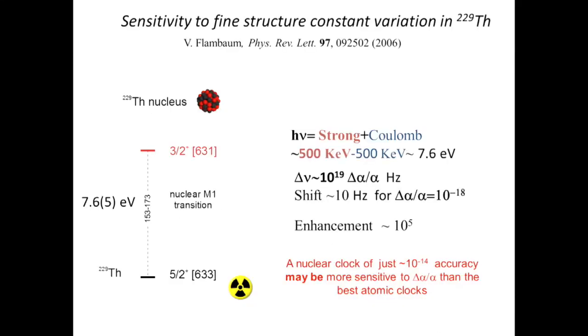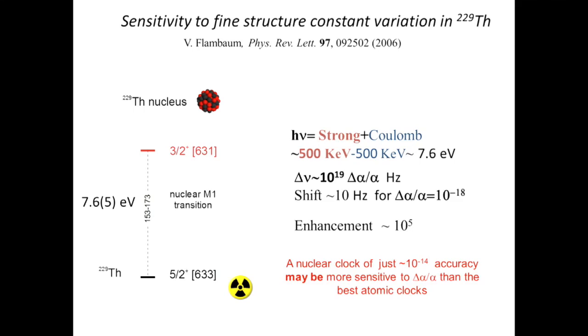So the reason for this enhancement in sensitivity is this. The two levels, the ground and the isomer, are separated by about 8 eV, but the separate Strong and Coulomb contributions to the energies of these two levels are much larger.